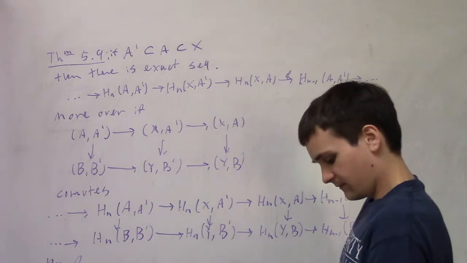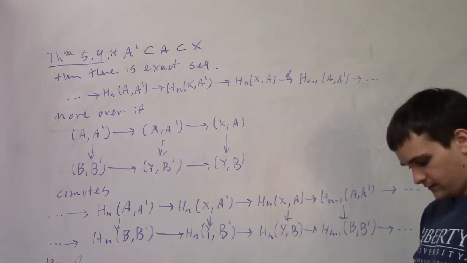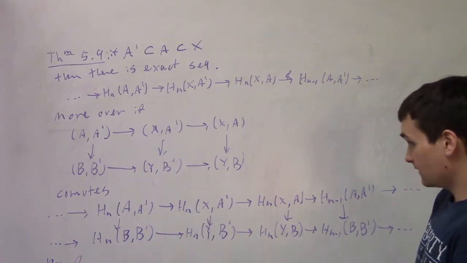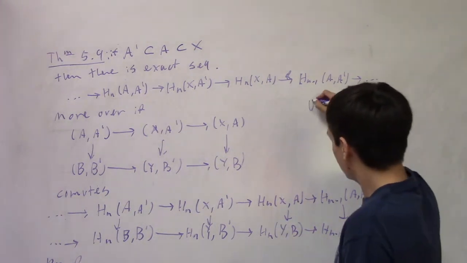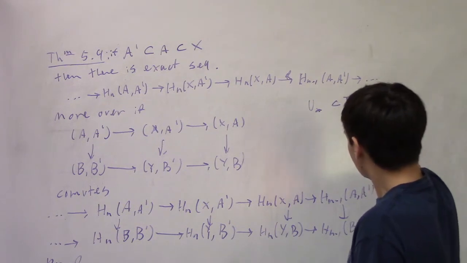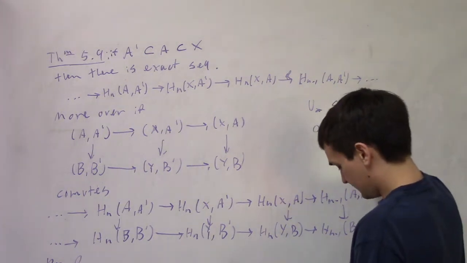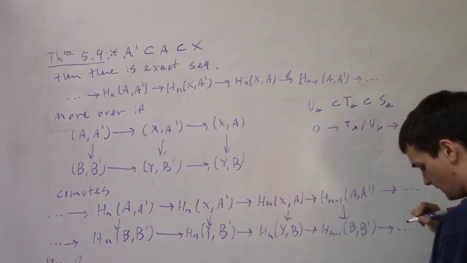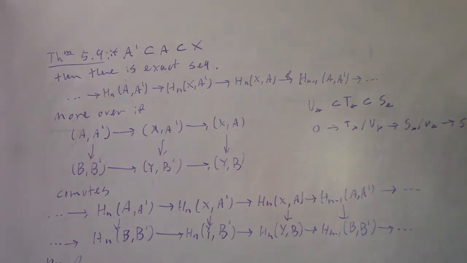Actually, since we're running out of time now, maybe I'll just say it. If you look, on page 91, the third isomorphism theorem says that if you have three complexes that are contained in each other, so if you have U contained in T, contained in S, then there's a short exact sequence of complexes, T star over U, S star over U, S star over T, 0.